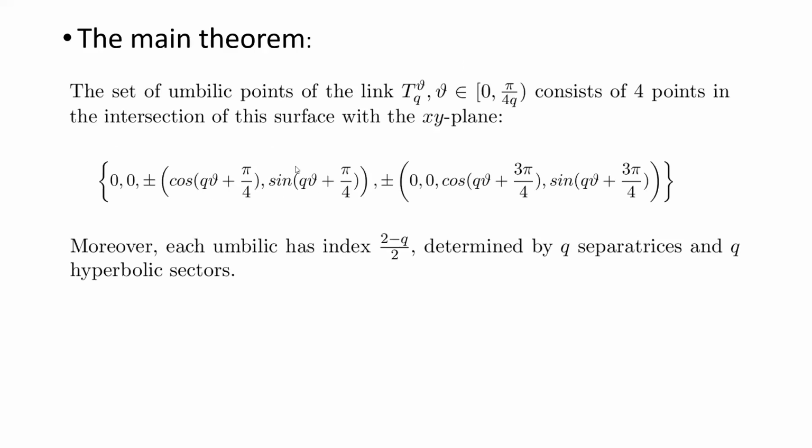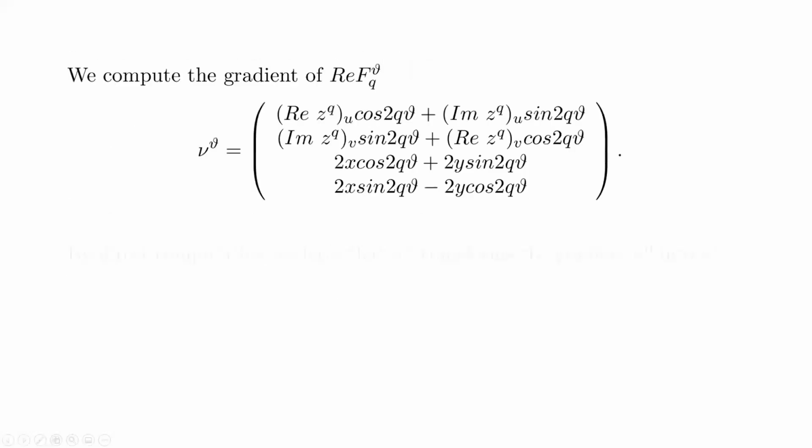You have here the way the action of S1 implies the transformation of the points. So when theta equals 0, we have 0, 0, 1, 1, 1, 1, and you have to combine all the signs, so we have 4 points. But when theta is different from 0, this moves according to the values of theta. So this is the way, using the intersection to explain, and the equation that I described here.